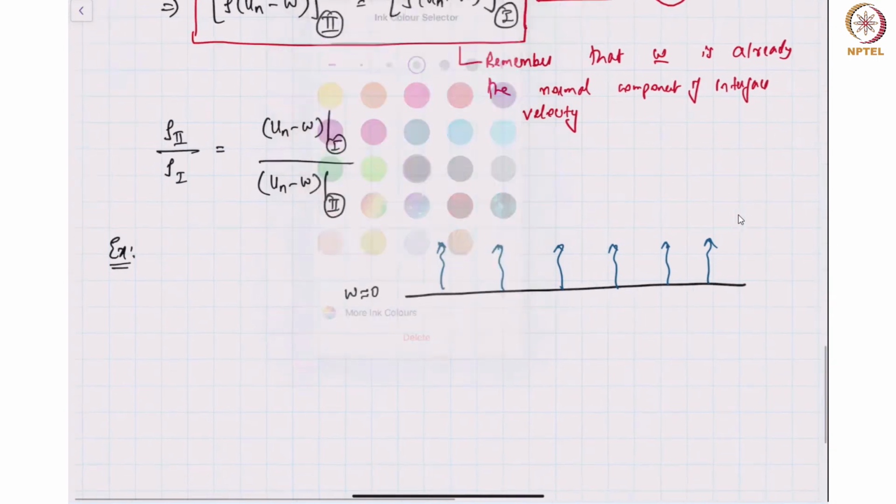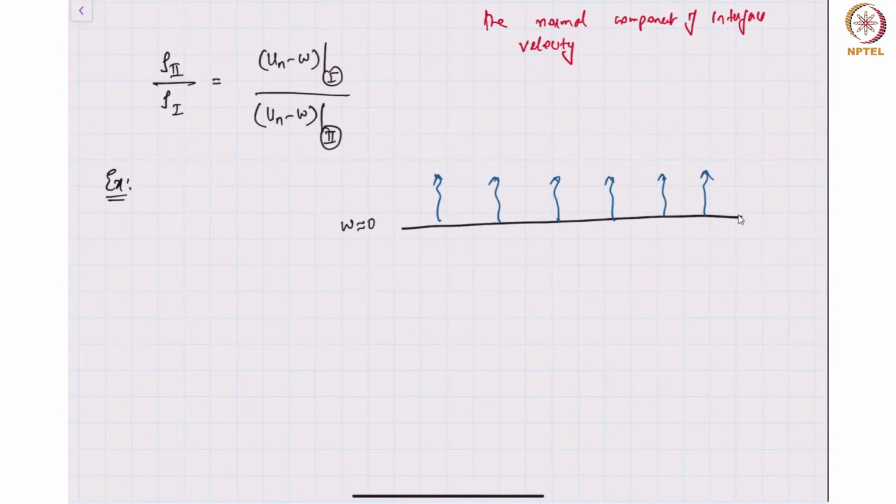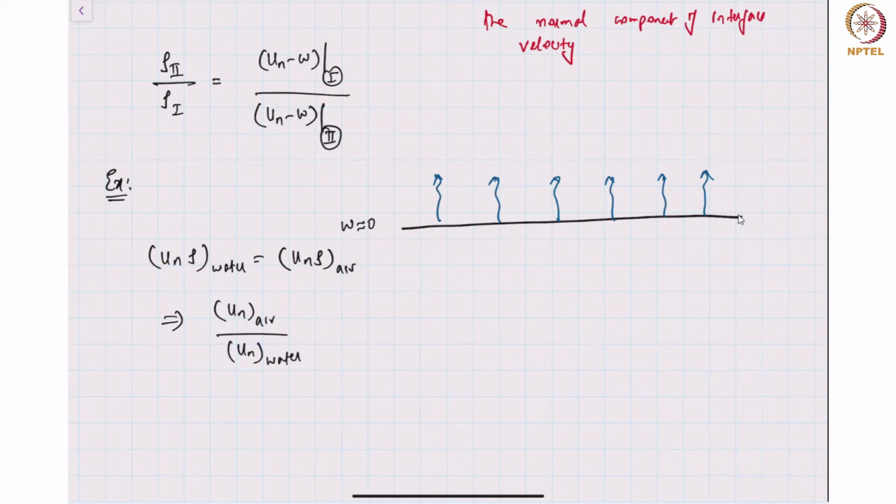Then what we now have is a simple relationship. rho for water times u_n for water is equal to rho for air times u_n for air, or in other words, the normal velocity of the air to the normal velocity of the water is approximately rho water by rho air, which is approximately 1000.